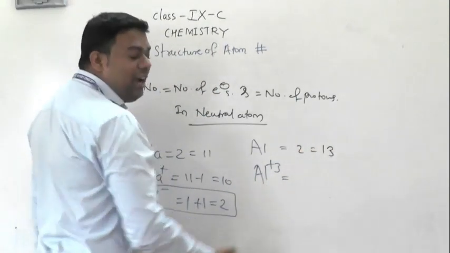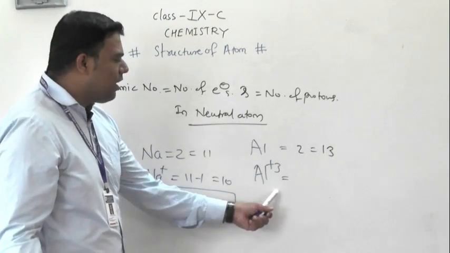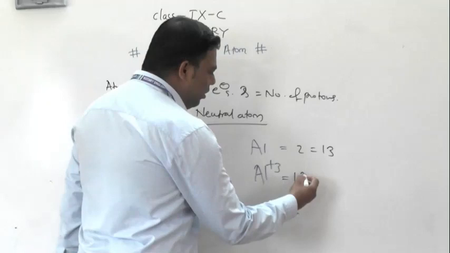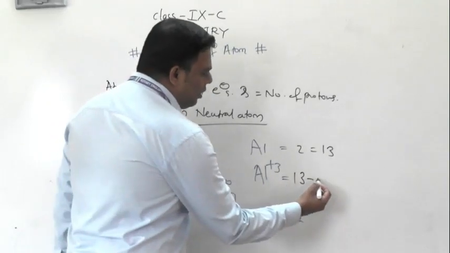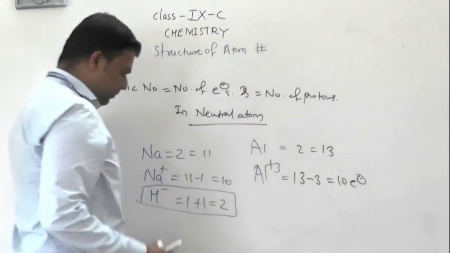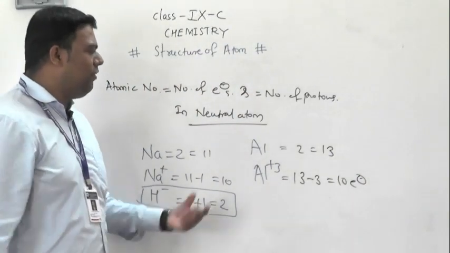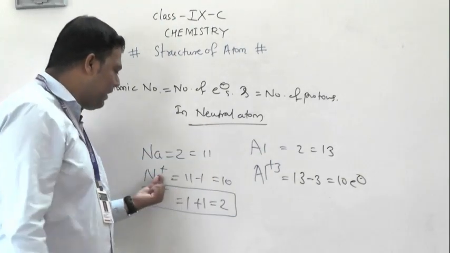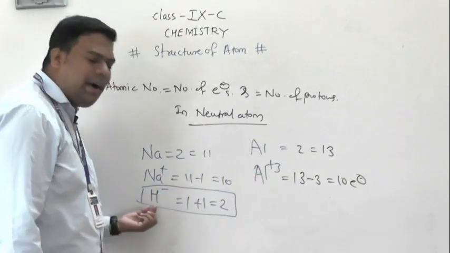But for Al plus 3, it is 13 minus 3, so here 10 electrons. Like that we can calculate for neutral atoms, cations and anions also.